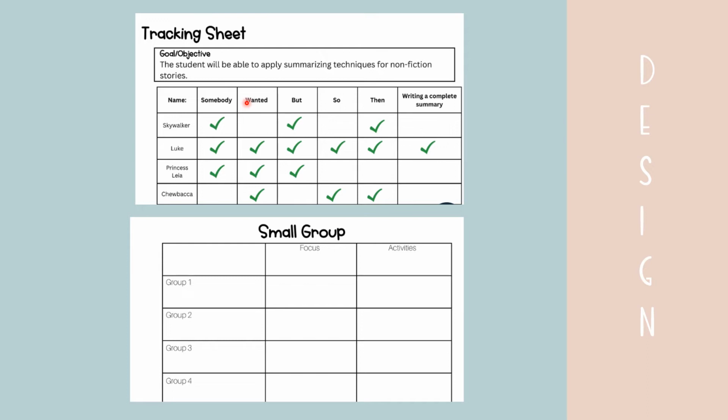So after teachers look at the data, they then need to brainstorm how they would group these students based off of this data. After they brainstorm, they then would get this sheet of paper down below, and they would write down the names of the students that would be in each group. They would also write down what each group would focus on, because every group might focus on something different.